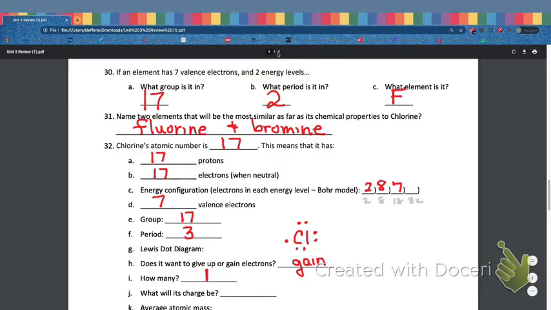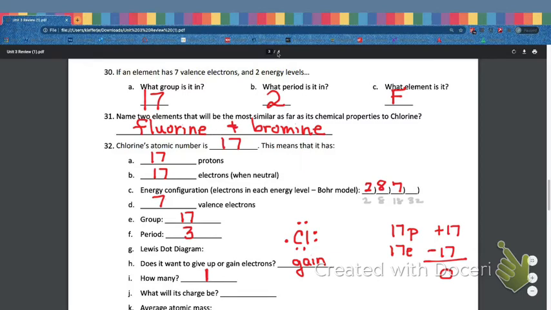So if we stop and think about it here, the neutral atom has 17 protons and 17 electrons. The charge on 17 protons is positive 17, and the charge on 17 electrons is negative 17, right? And so when we add those up, we get 0. That's a neutral charge.